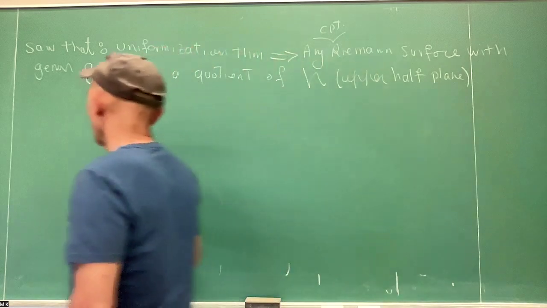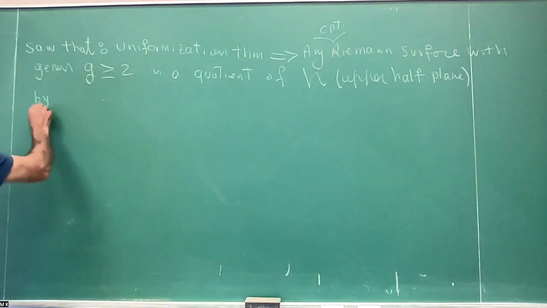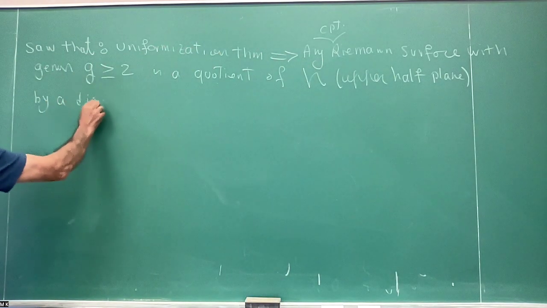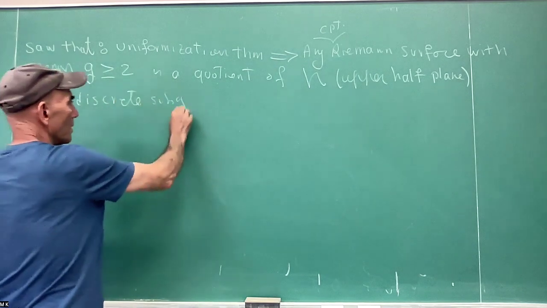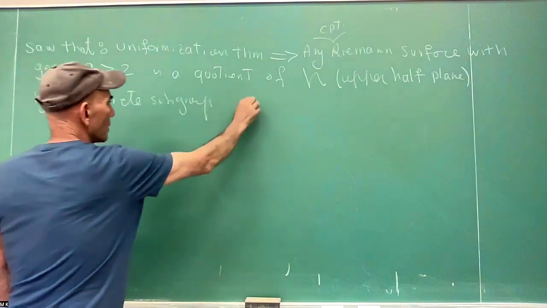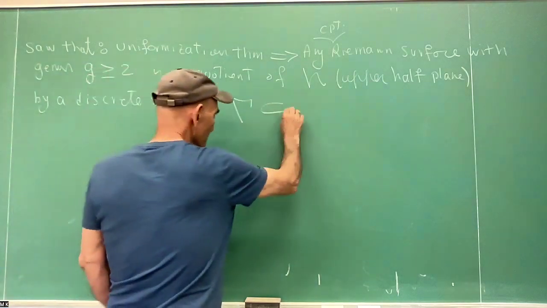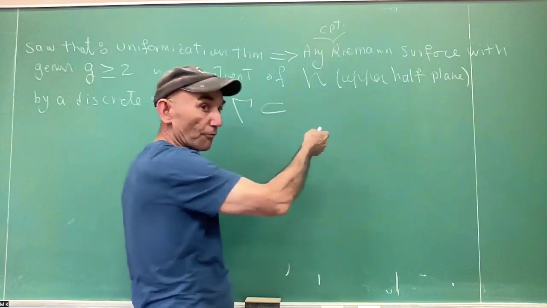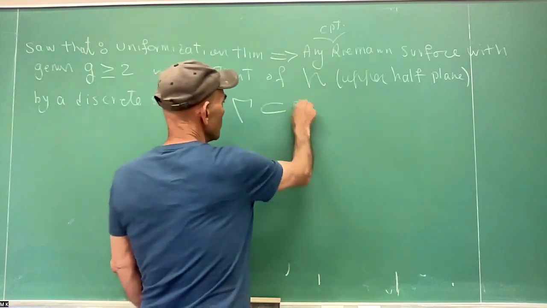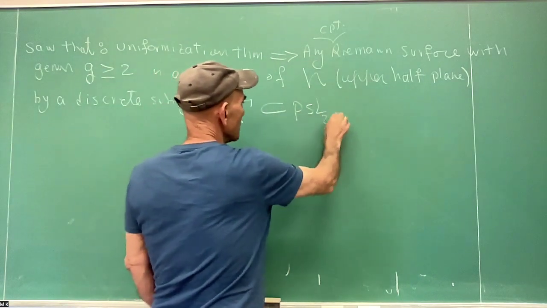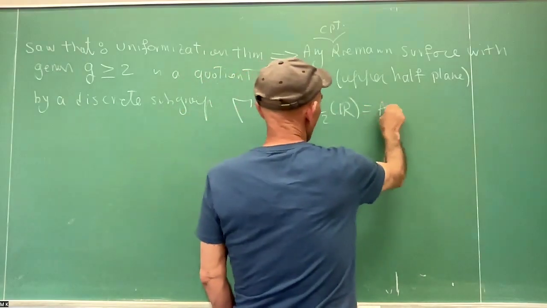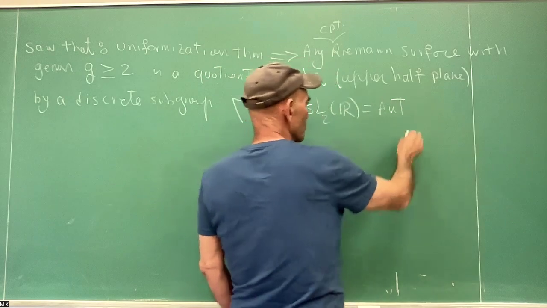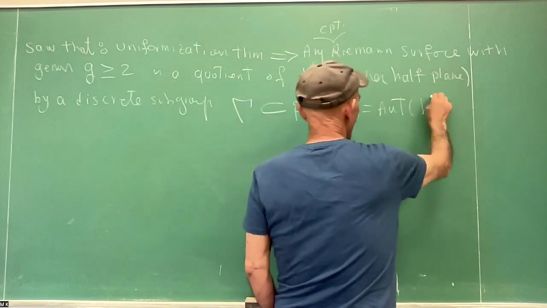By a discrete subgroup gamma, this discrete subgroup of the automorphisms of the upper half plane. We know this is PSL2 R, which is nothing but the complex automorphisms of the upper half plane.